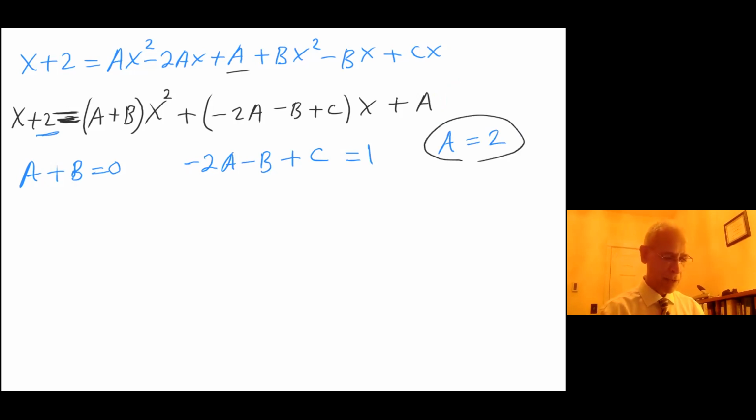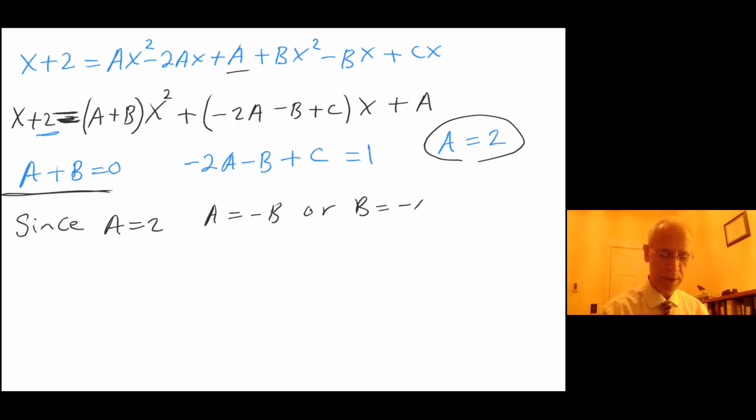So since A equals 2, here I have A plus B equals 0. So B equals the opposite of A, so B equals negative 2. That was easy. Okay.